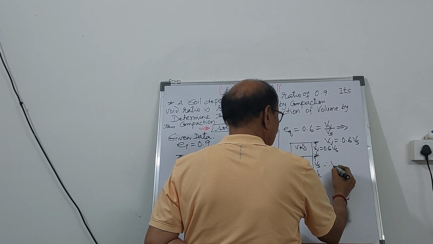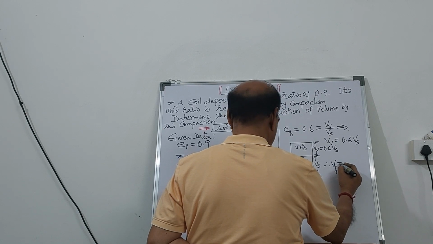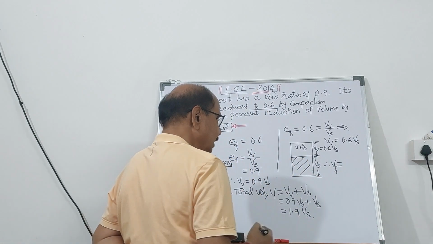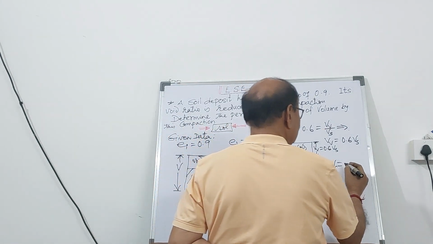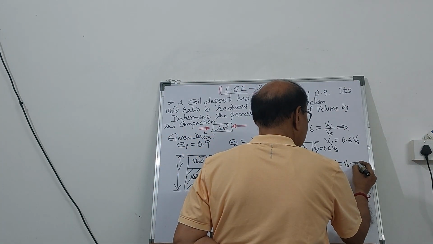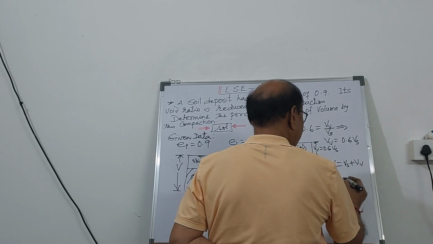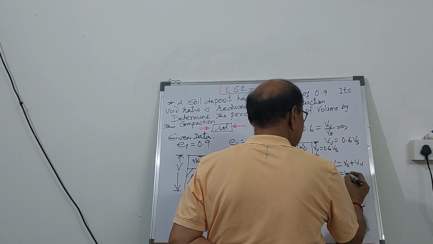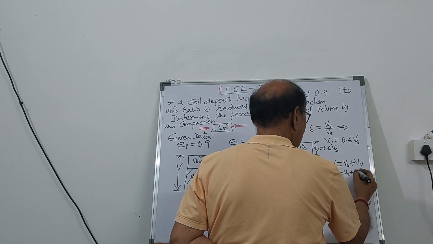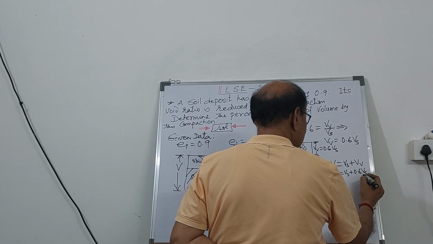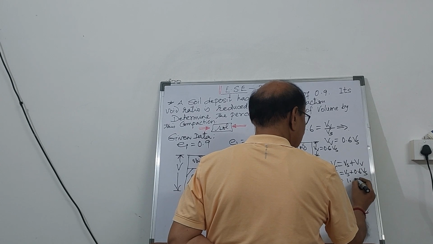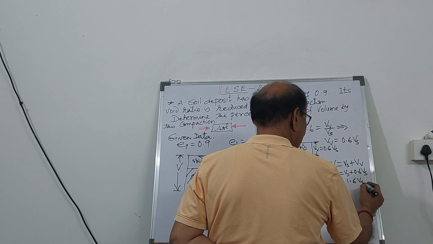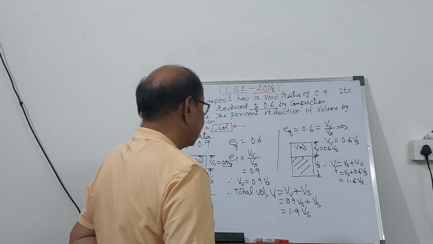Therefore, the total final volume, this is the initial volume Vi. The total volume becomes Vs plus Vv. So the final volume becomes Vs plus 0.6 times Vs. That means it is 1.6 times volume of soil solids.